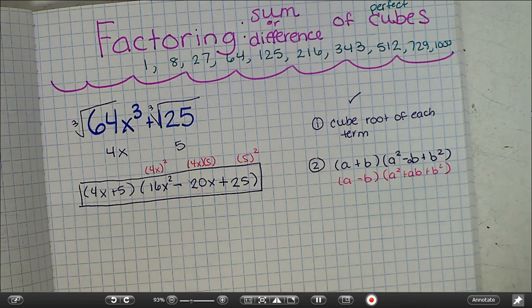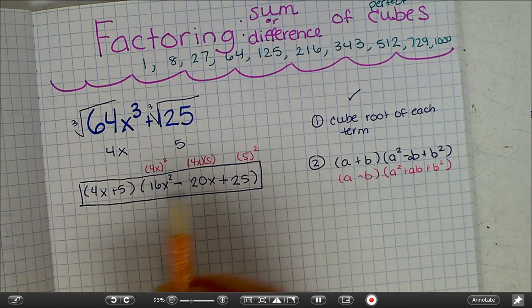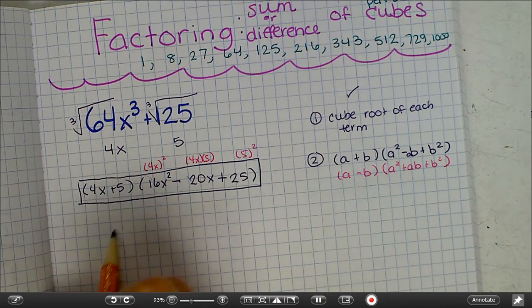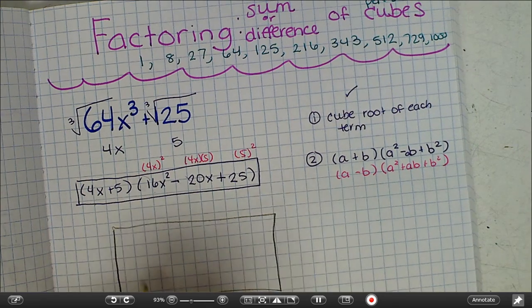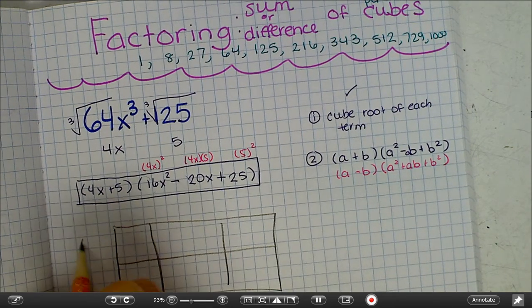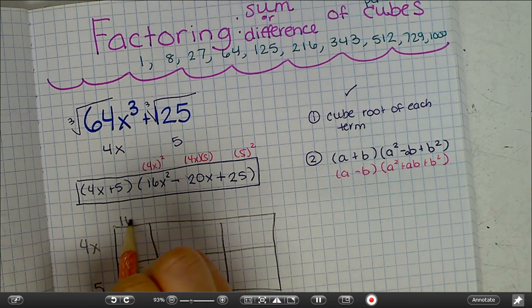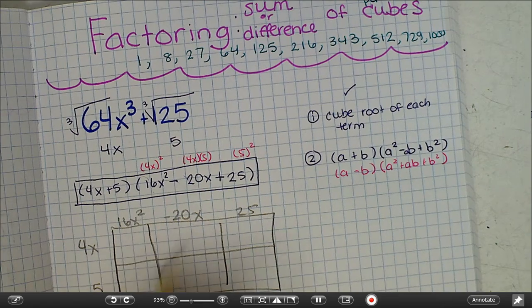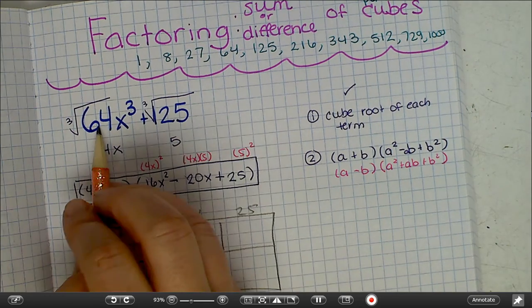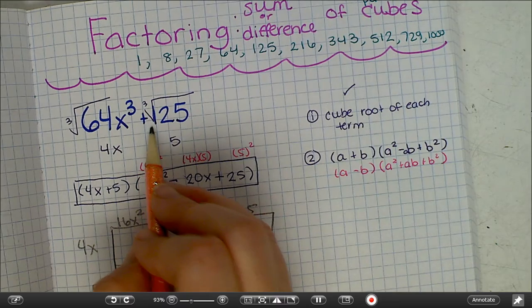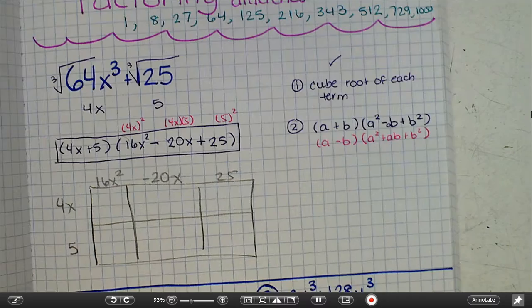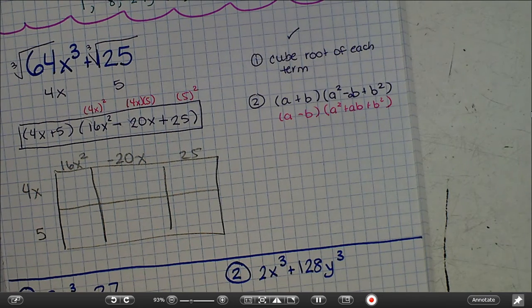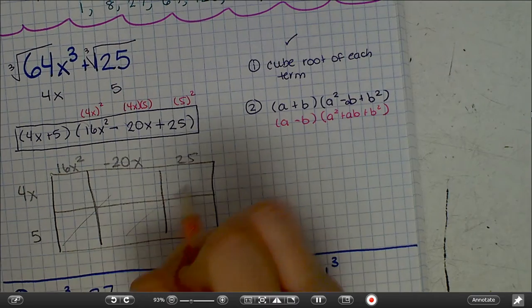And just to review how to check your answer, you can multiply these by distributing a bunch of times, or you can make the box, which is the easier way to do this kind, really. 4x, 5, 16x squared, negative 20x, and 25. If you multiply all this out, you're going to end up with 64x cubed plus 125. I'm not going to do that part, but if you need me to, just contact me and I'll go through that with you. Basically, these two parts are going to cancel.